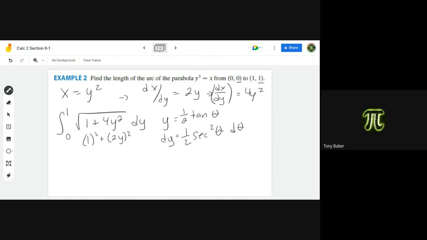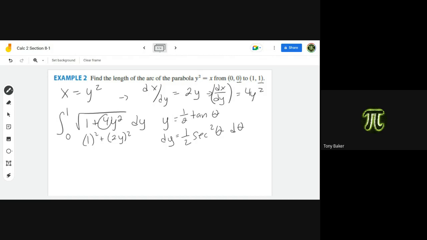All right, so these are definite integrals. Let's change our intervals to thetas instead, so we don't have to go back to the y and deal with my triangles. So if y is 0, what's theta going to be? Why is y equals 1?